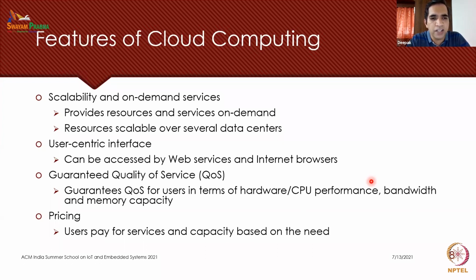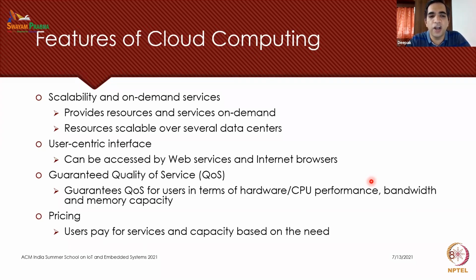So as we have seen, there is scalability in cloud computing, and there is also something known as on-demand provision of services. So if some services are requested from the cloud, there is an on-demand way of providing the resources and executing those services on the cloud.